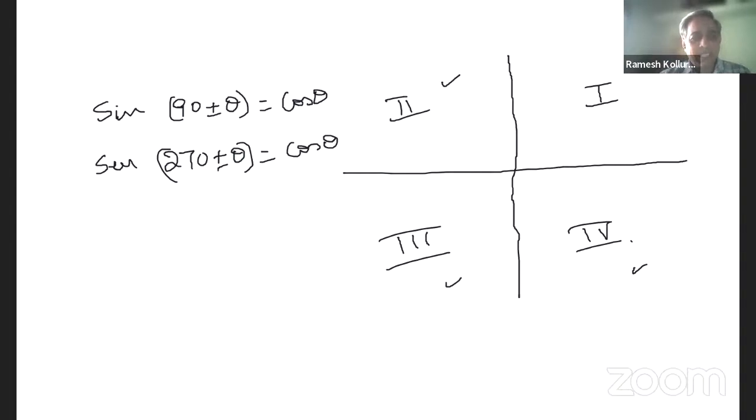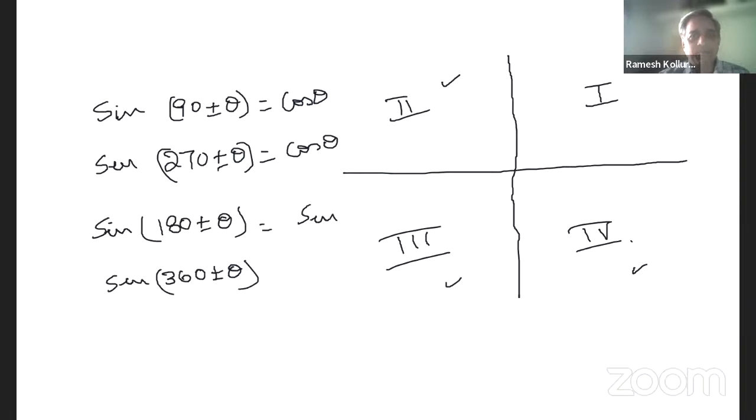But when we are seeing sine 180 plus or minus theta and sine 360 plus or minus theta, in these cases this is sine only. So this is sine theta, this is also sine theta. I'm not talking about plus or minus. This can be in one quadrant, it may be plus or minus.